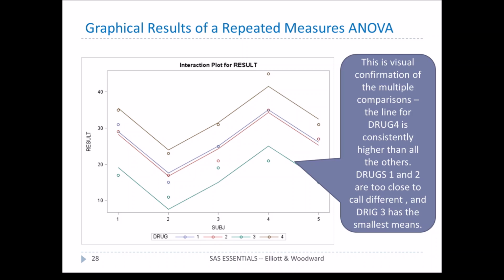However, the blue and the red line, which are groups 1 and 2, or drugs 1 and 2, are very close together. So we're going to conclude that those two drugs are virtually equivalent and are not showing any difference. However, the black or brown line there, drug 4, is higher than all of them consistently.